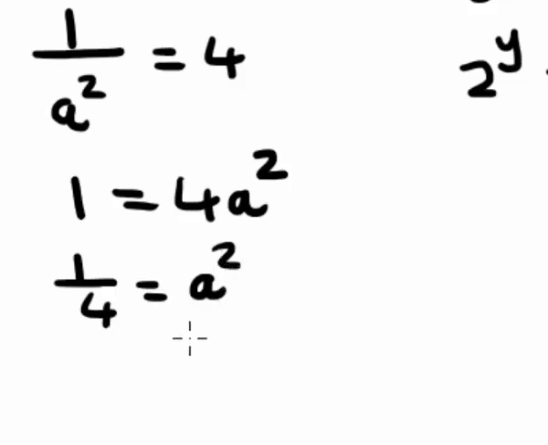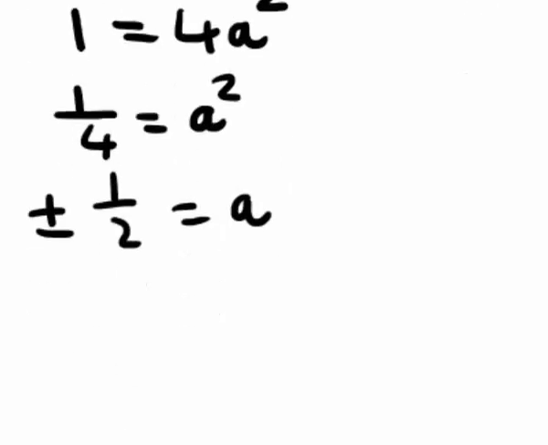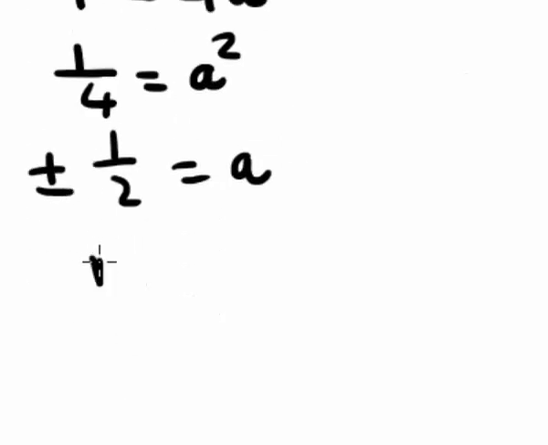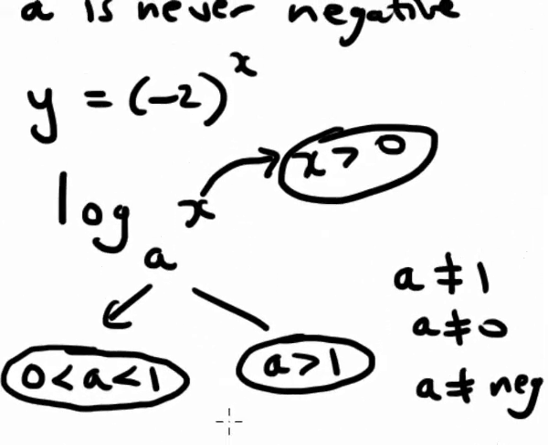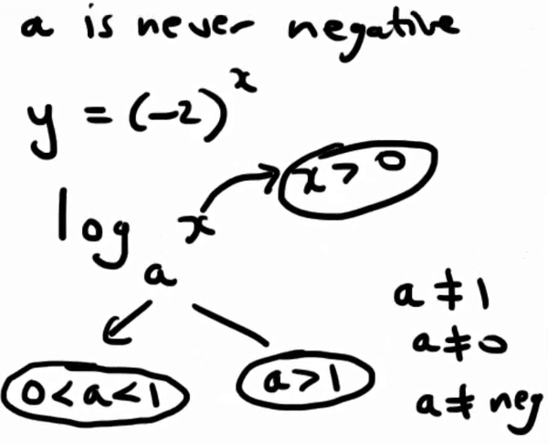But now remember, when you solve this, you'd normally have plus minus, so you would say plus minus a half is equal to a. But of course remember, your base a can never be negative, so we say but a cannot be negative, because that's the rule of the base. Therefore a is equal to the positive, a fraction between 0 and 1. Remember those conditions regarding that. You cannot have a being negative.